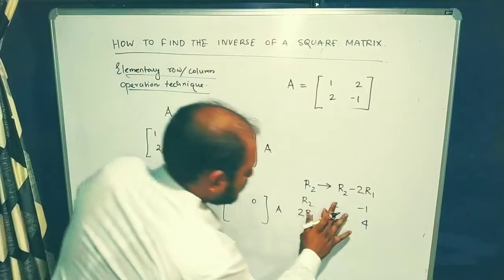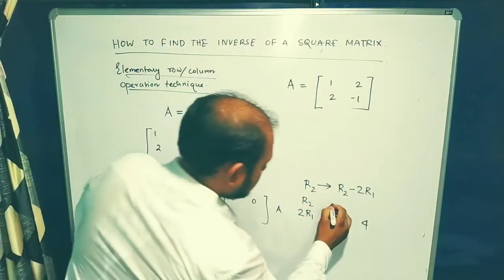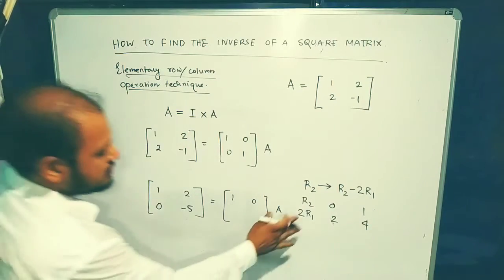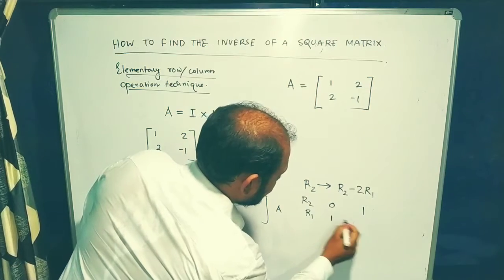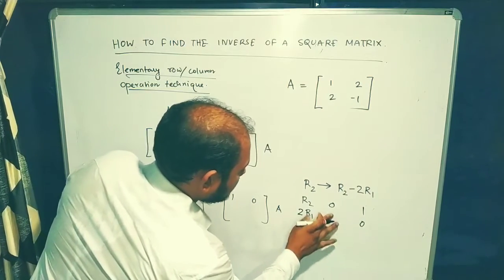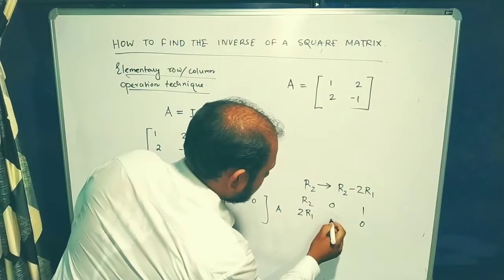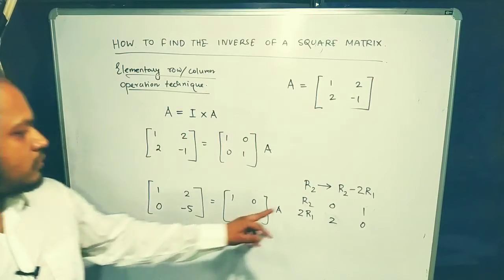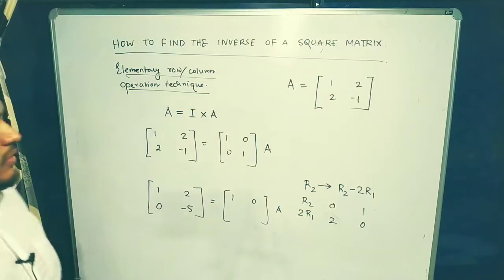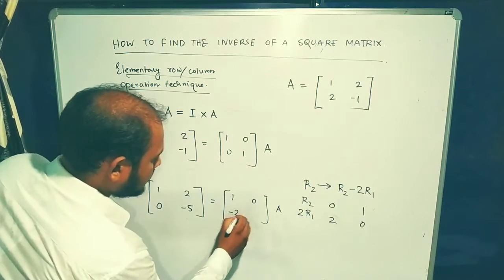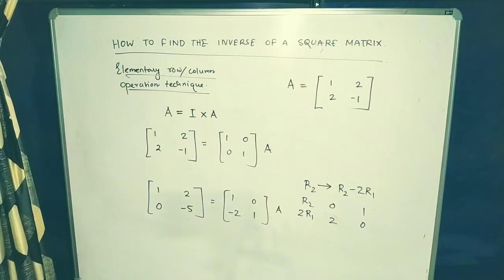On the right side, the second row is 0 1, and the first row is 1 0. If you take 2R1, it becomes 2 0, since 0 into 2 is 0. So R2 minus 2R1 here would be 0 minus 2 is minus 2, and 1 minus 0 is 1.